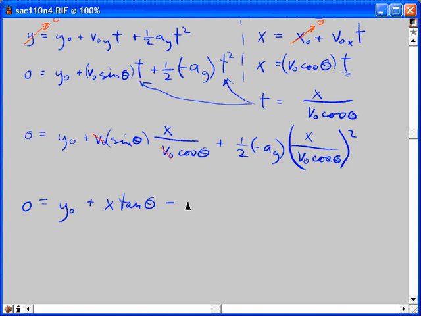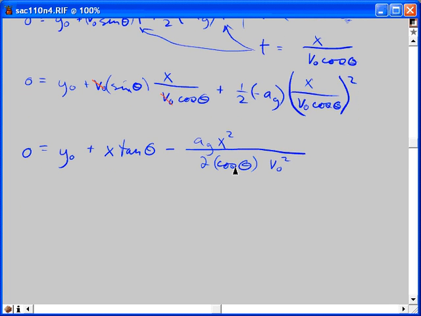I'm going to put the a sub g up there in the numerator. So I've got a sub g times x squared upstairs. And I'll put the 2 in the denominator. Remember, all this stuff is getting squared. I think I'll go 2 cosine of theta, so I'm changing the order a little bit, times v0 squared.